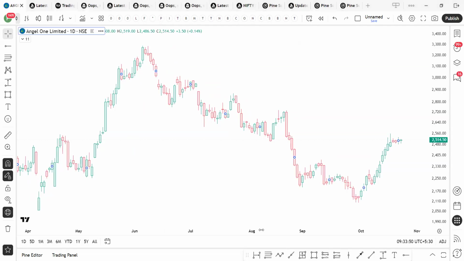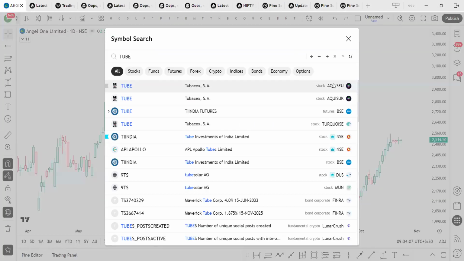Should we move to the next chart? Can you tell the full name of this chart?